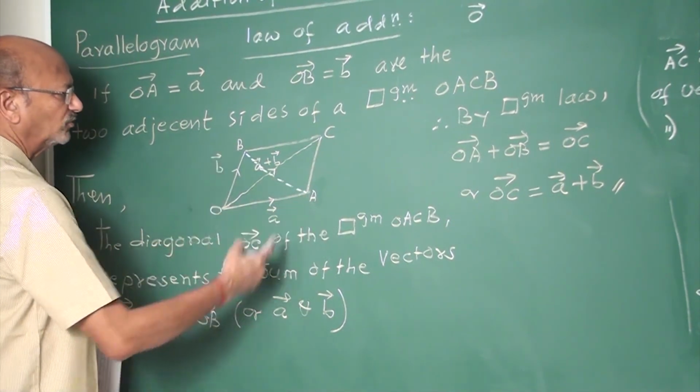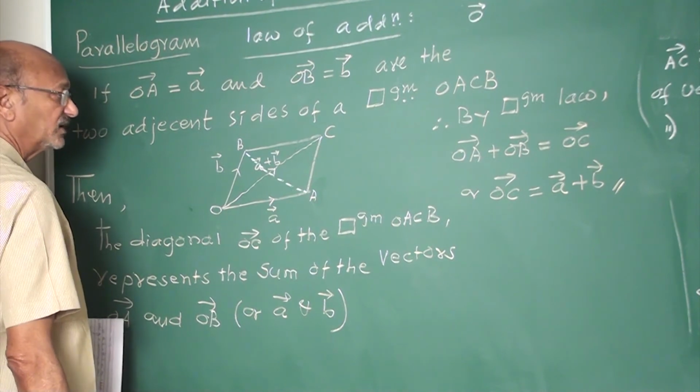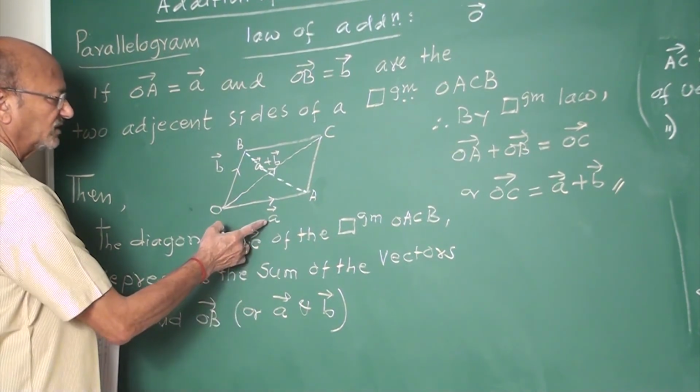This diagonal BA represents the difference of the vectors A and B. What is the difference of vectors A and B?